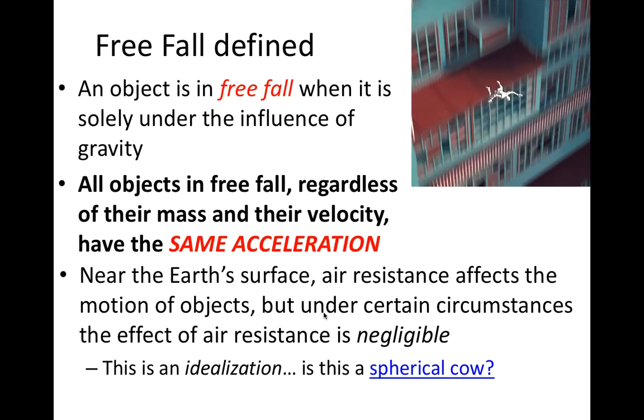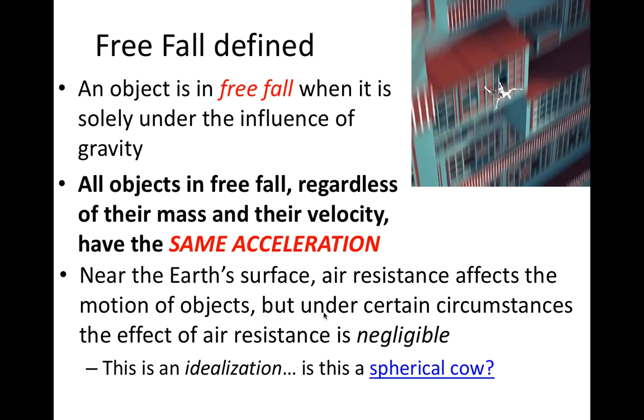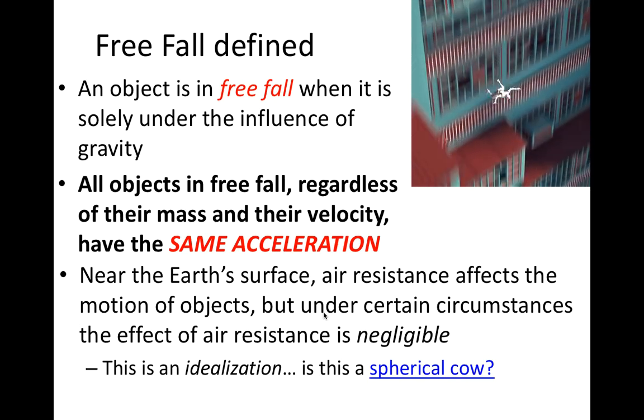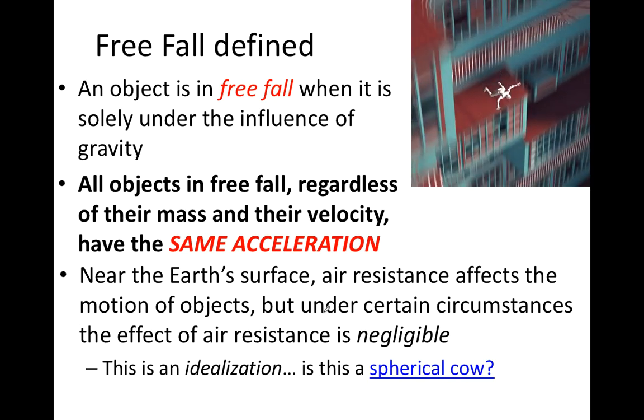When an object is acted on by only gravity, we refer to the object as being in free fall. And so we have to remember this definition: only gravity when we say that it is in free fall. And if we can say that an object is in free fall, then we automatically know what the acceleration is.